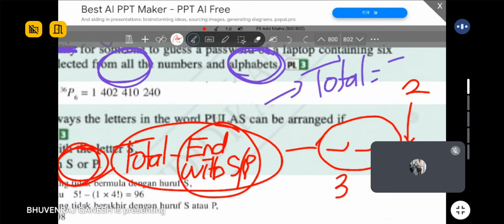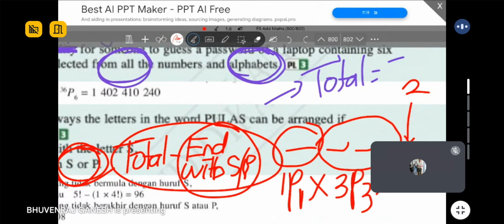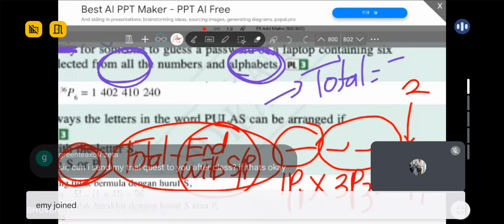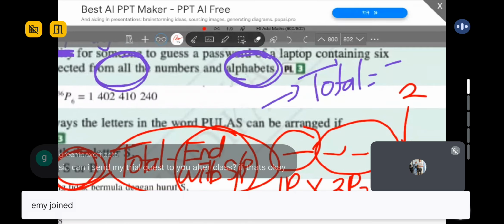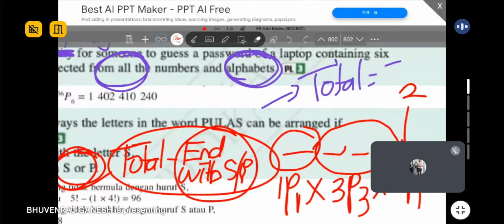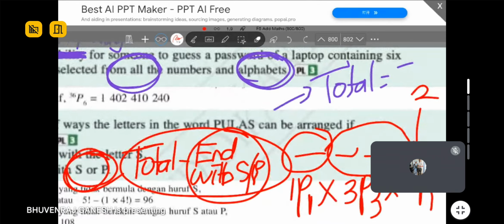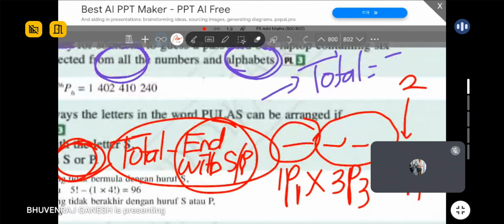You can say 3P3, 3 pilih 3, and this one 1P1. So you times all of these together times 2P1. Okay, guys, are you all clear? So this is the method you can use. You can send to me later, I'll answer.